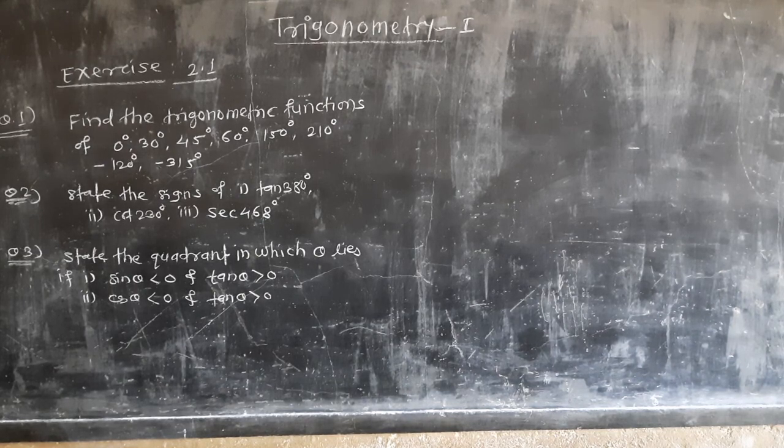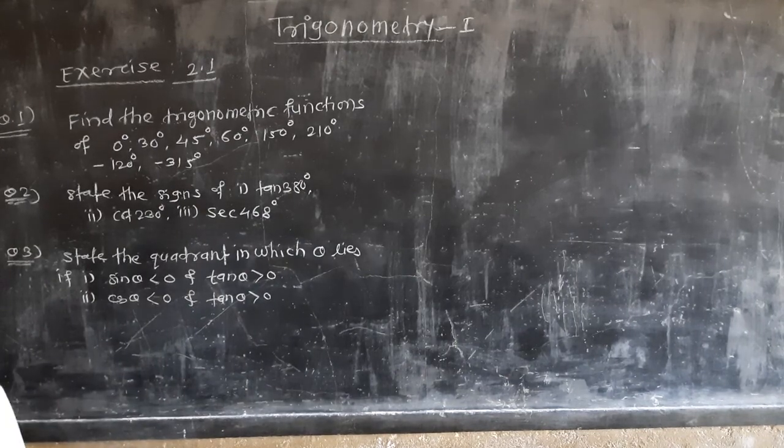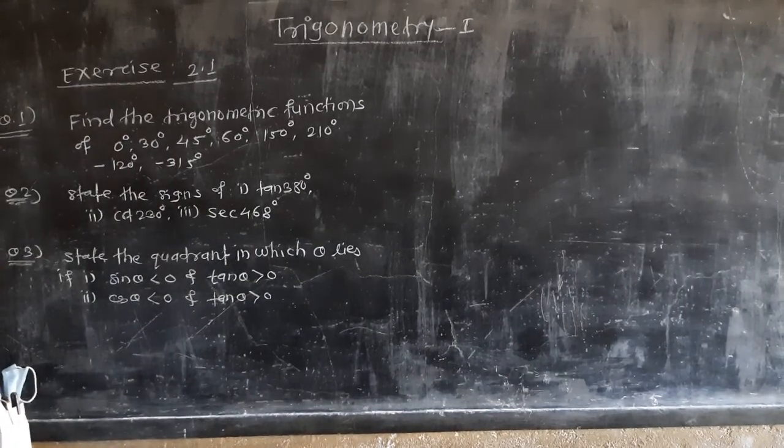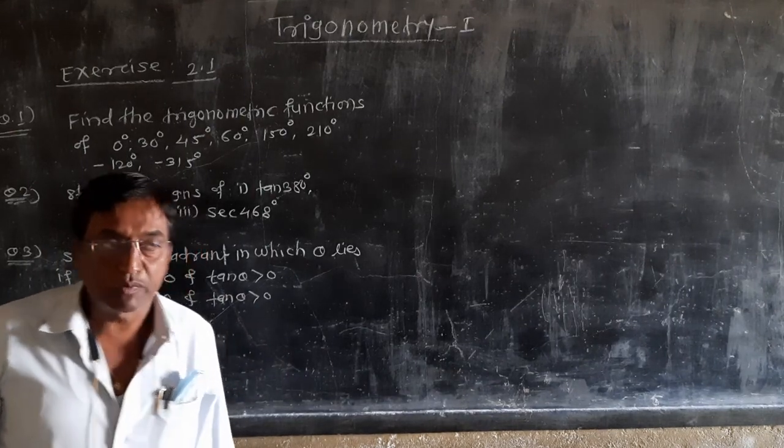In the previous video, we saw the second chapter in the mathematics part one, that is trigonometry one. In this first trigonometry chapter, we already saw the definition of trigonometric functions, and what the signs of the trigonometric functions are in the quadrants.